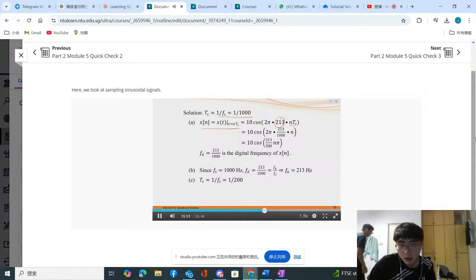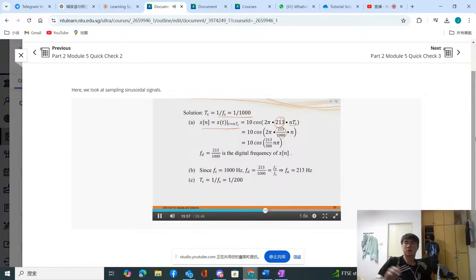And my Ts is 1 over 1000. So I group 213 over 1000, and this can be simplified to 213 over 500.